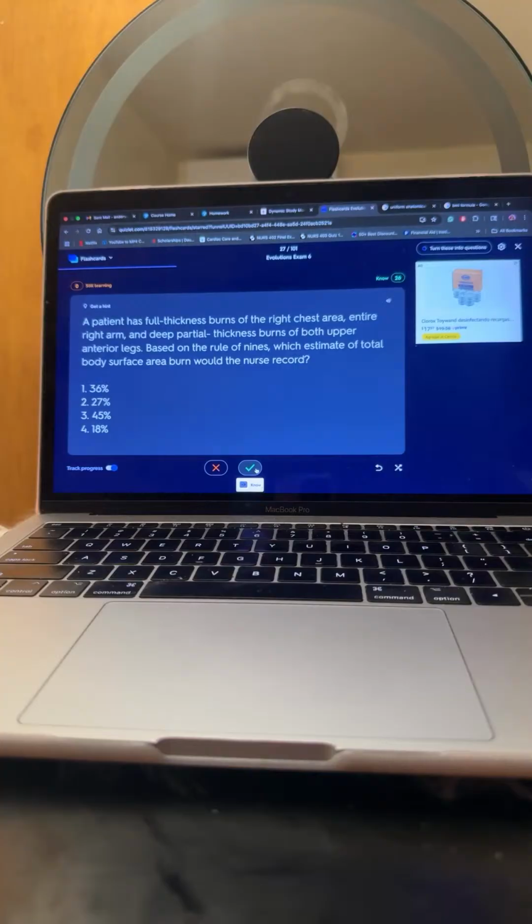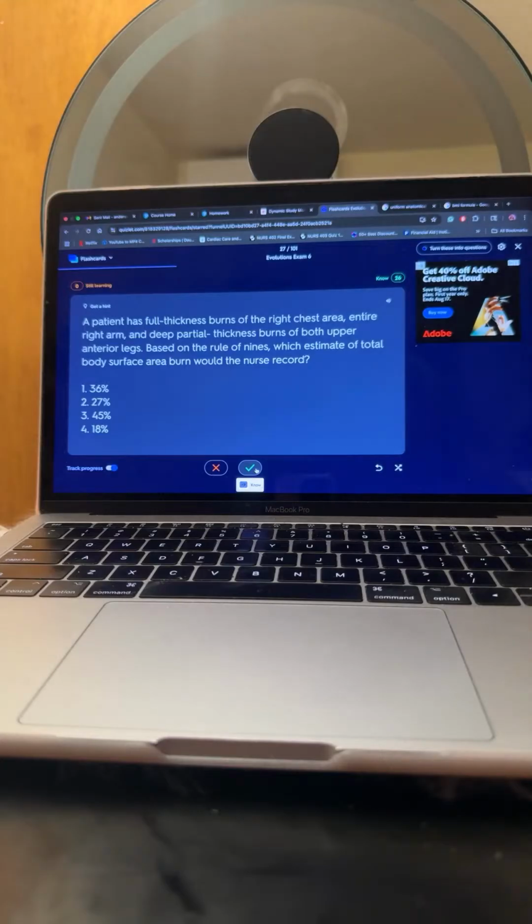Let's see. The entire right arm is going to be 9%. The upper anterior of both legs is also going to be 9. So 9, 9, 9, that's 18. I got the right arm, the upper legs, and then the right upper chest.